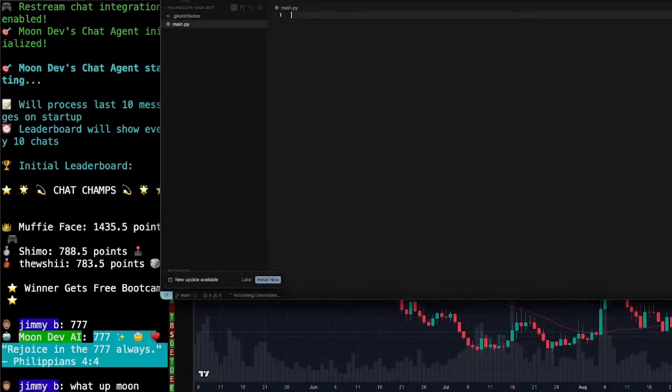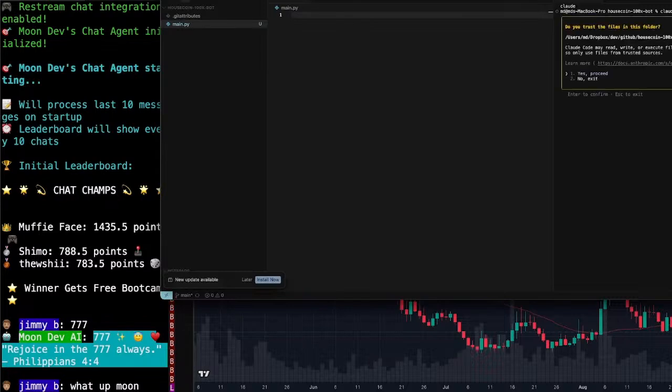Main.py. Let's go ahead here and say Claude code dangerous mode. No exit, yes. Claude code dangerous. There it is. Okay. And I'm going to say here, we're going to build something new in this file, but you can use this Solana copy trader here for the example.